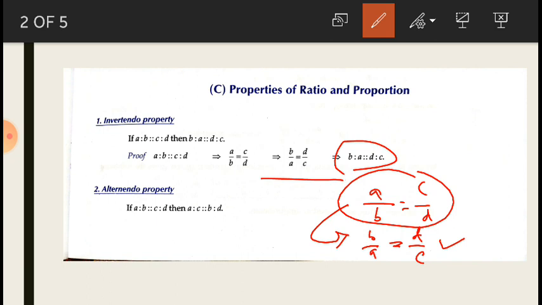Now the alternando property says that if a is to b is in proportion to c is to d, then a is to c is in proportion to b is to d. That means if a divided by b equals c divided by d, then we conclude that a divided by c equals b divided by d.